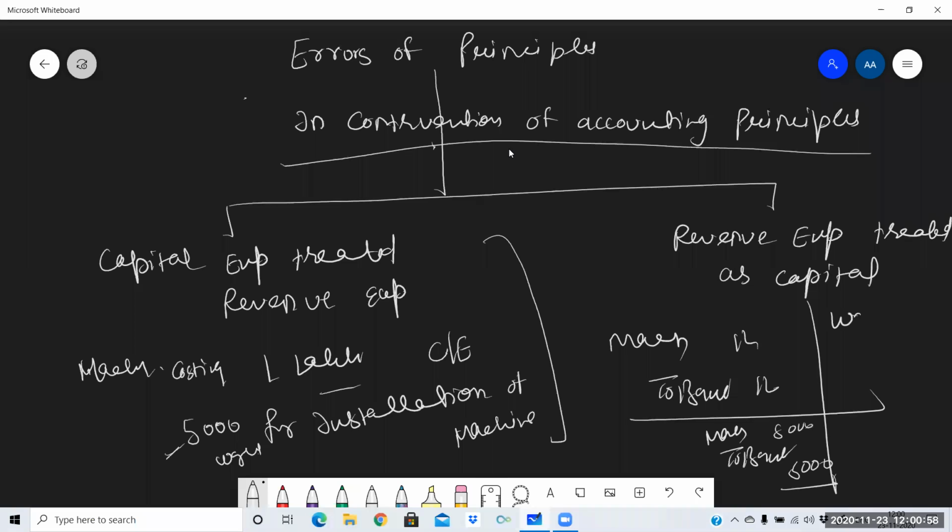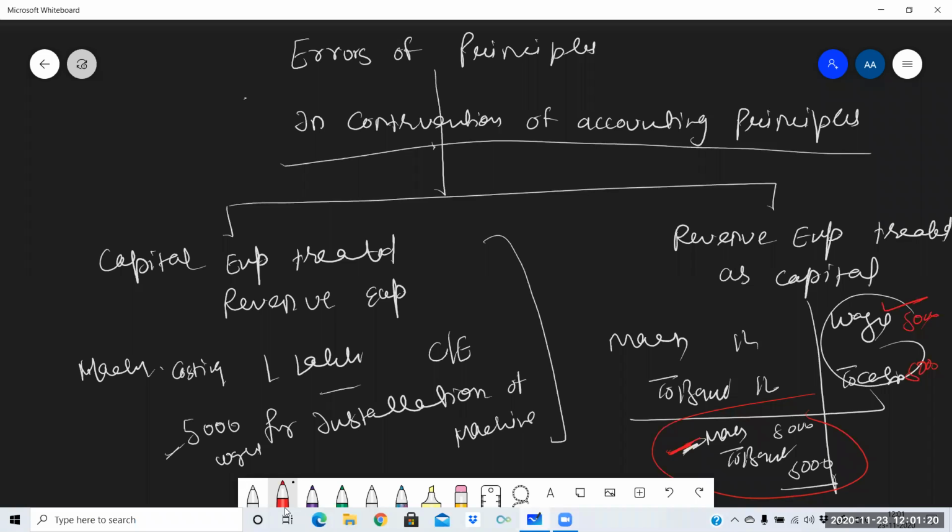Instead of passing that entry, he has passed the entry wages to cash. So this is the case when capital expenditure is treated as revenue expenditure.